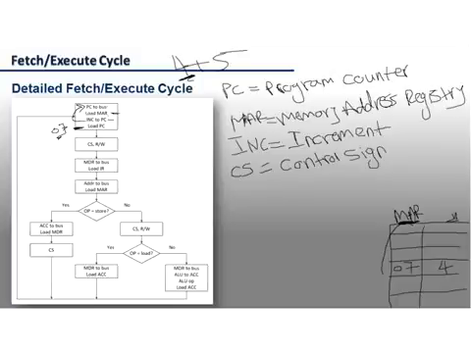Now, again, what is the job of the control signal? You tell me. Sorry, what is the job of the control signal? You can tell from here. What did I say about the control signal?